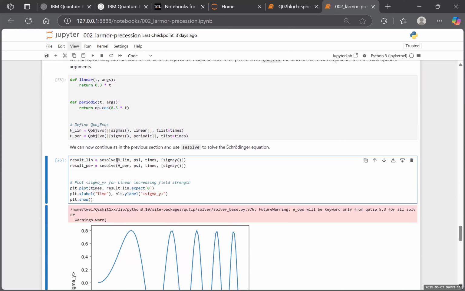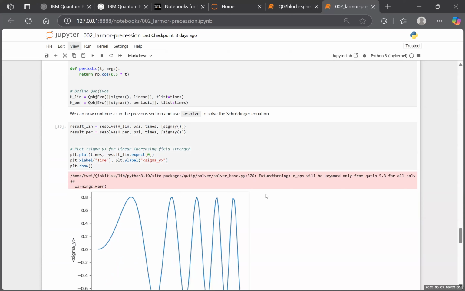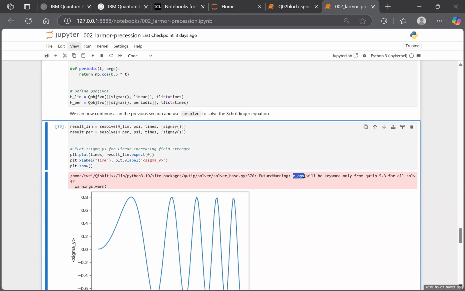And to solve, that is just the same command. This Hamiltonian, linear, and initial state, the time, evaluate sigma y. Okay, then you plot the result, sigma y. And again, this complaint about the keyword.